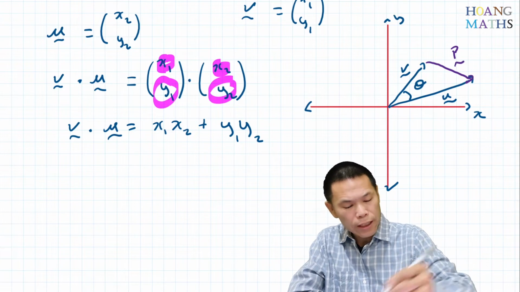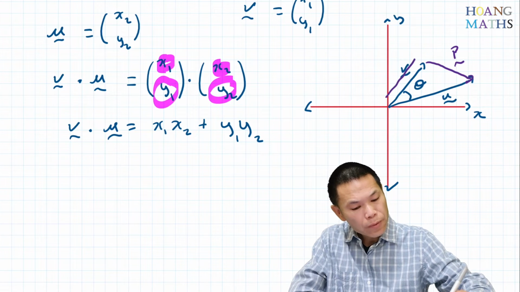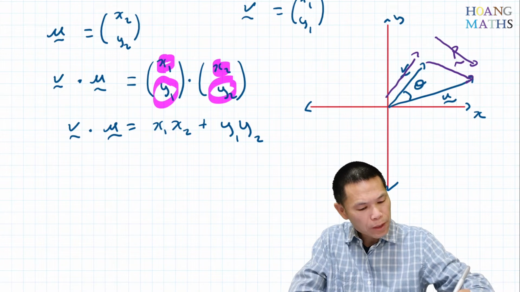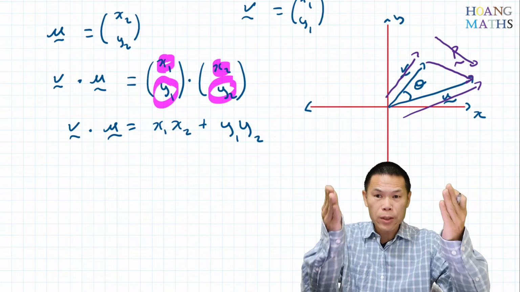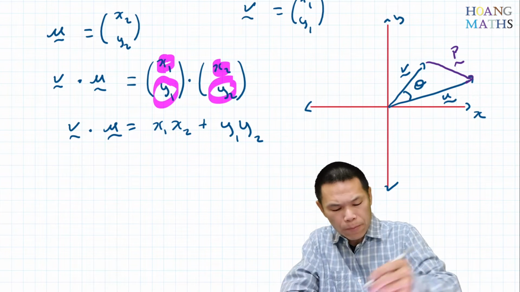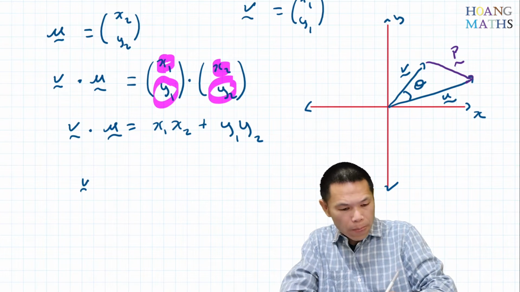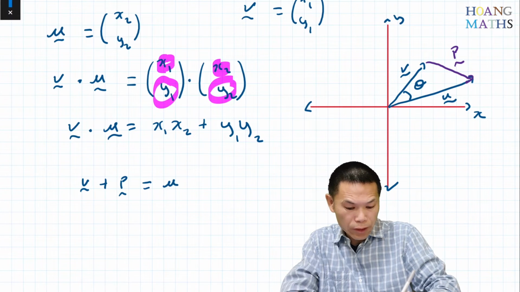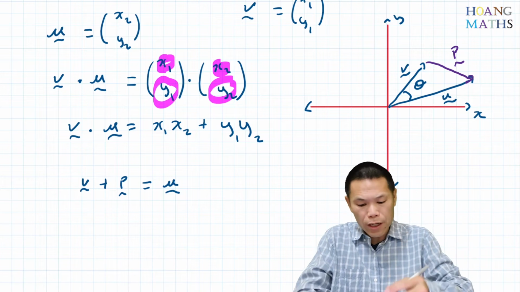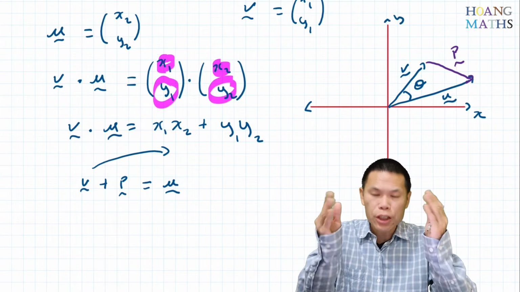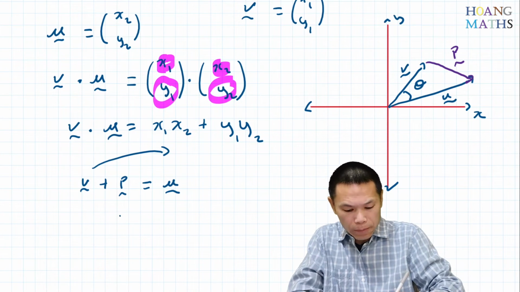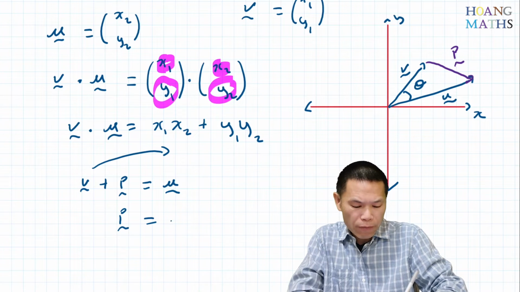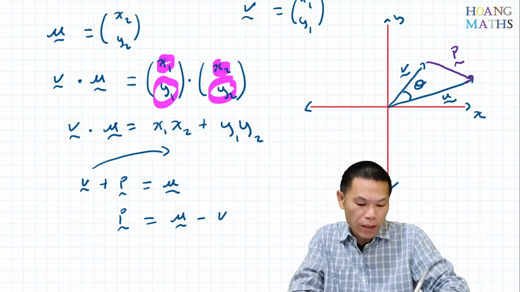We know that v plus p is equal to vector u, correct? So if I move vector v to this side, vector p is equal to vector u minus vector v.